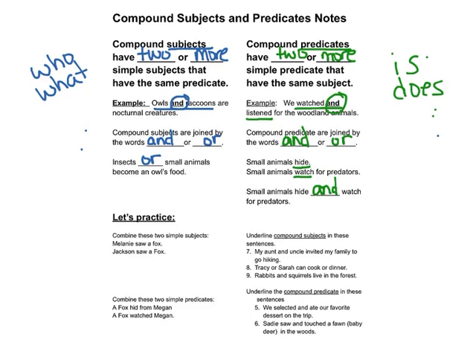Let's practice a few others. Combine these two simple subjects. So we're looking right here. We're going to combine Melanie saw a fox and Jackson saw a fox. So our simple subjects are the who, Melanie and Jackson. So we can combine those with our conjunctions up there, and or.